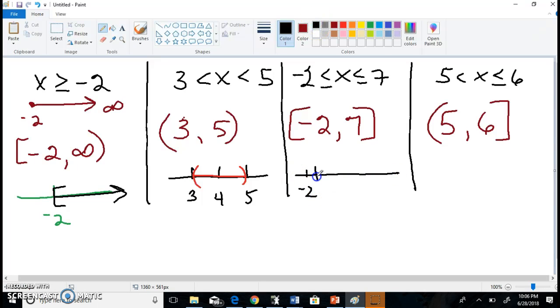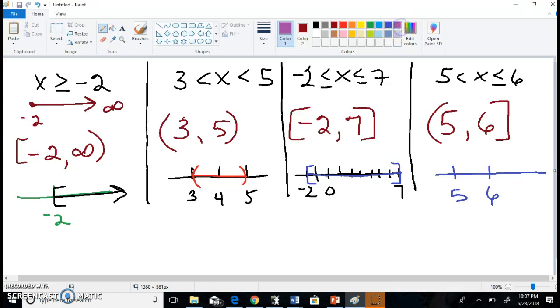Here's -2, -1, 0, 1, 2, 3, 4, 5, 6, 7. Again, these are included, so brackets instead of closed circles, shading in the middle. Here's 5, here's 6.